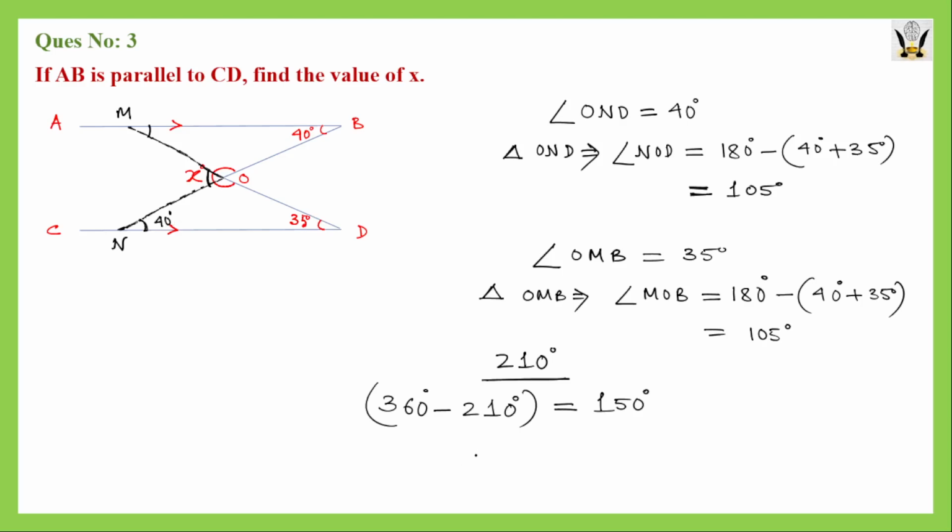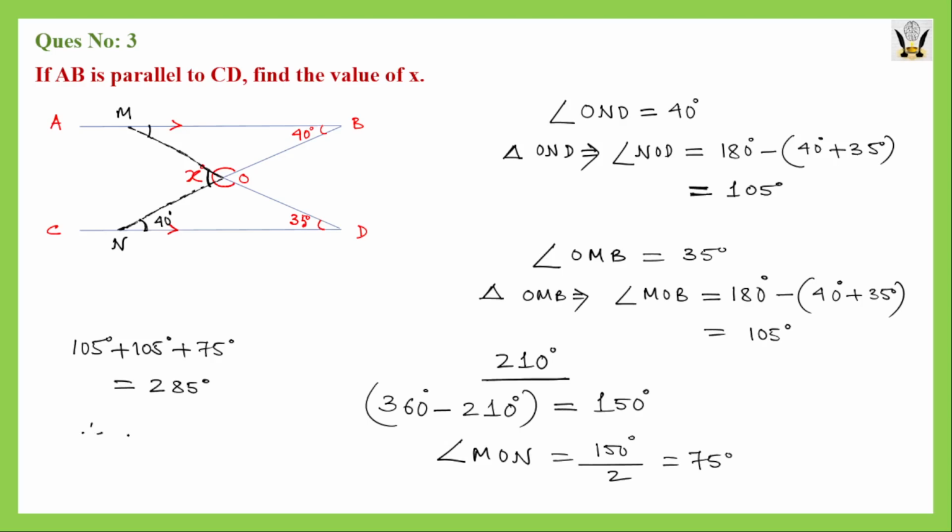So the measure of each angle, we can say MON, that value we need to find. So that will be what? That will be half of the total angle, 150 divided by 2, so that will be 75 degrees. Now if we add these three values, 105 degrees, another part 105 degrees, and then the third part that we obtained as 75 degrees, this is 210 plus 75, so in total this is 285.